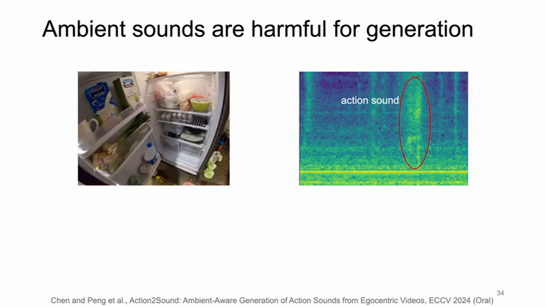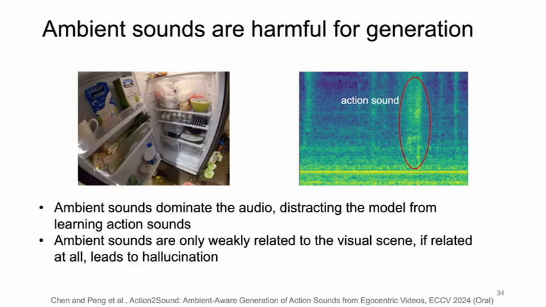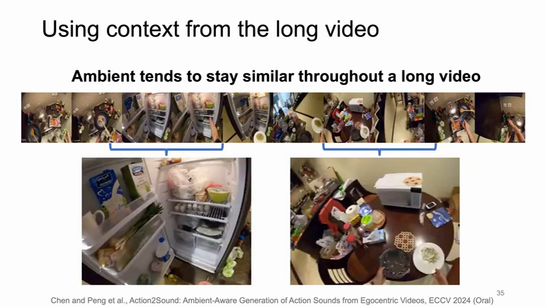If we visualize the spectrogram, we can see that the ambient sounds dominate the audio, distracting the model from learning action sounds. Ambient sounds are also only weakly related to the visual scene, if related at all, which leads to hallucination.